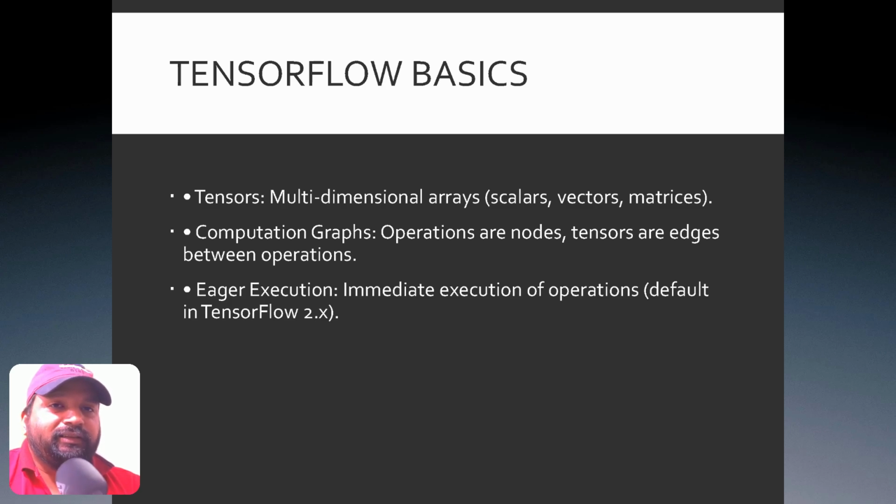A tensor is a multi-dimensional array similar to a NumPy array. Its examples are scalar, vector, and matrix. A scalar has 0 dimensions, a vector has 1 dimension, and a matrix has 2 or more dimensions.